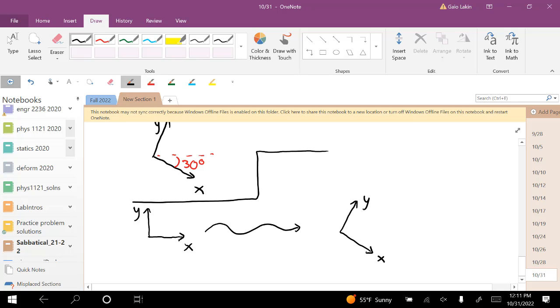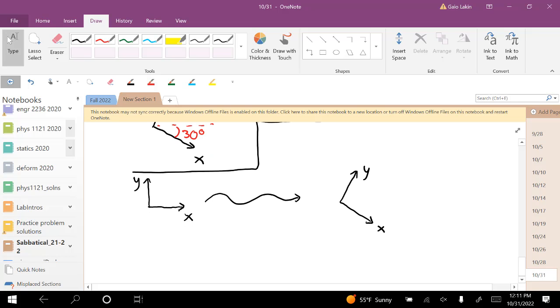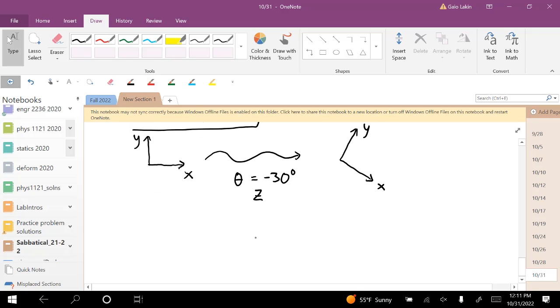Counterclockwise is positive. And if you think of it in terms of the right-hand rule, your thumb's in the z direction, and so that's a positive rotation. So theta is negative 30 degrees about the z-axis.